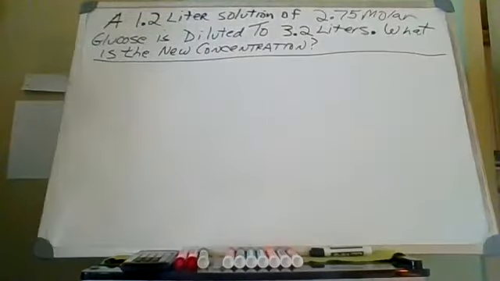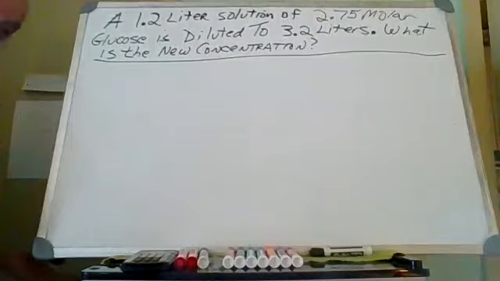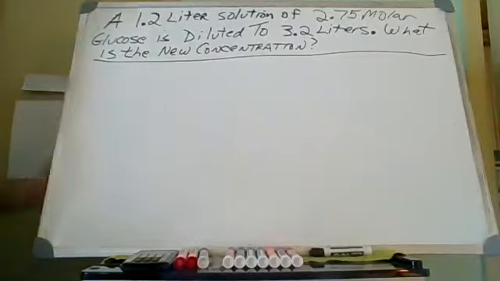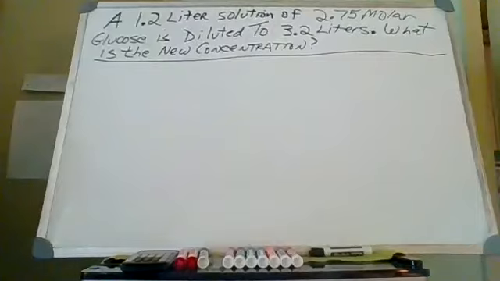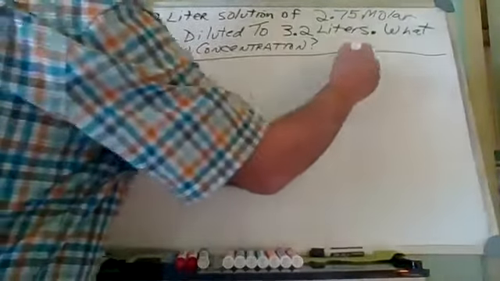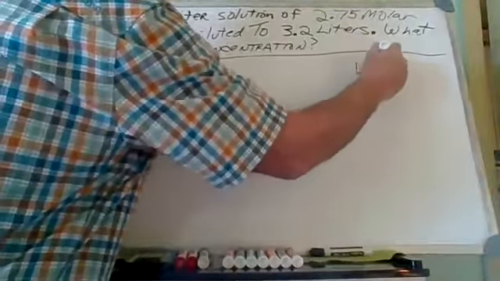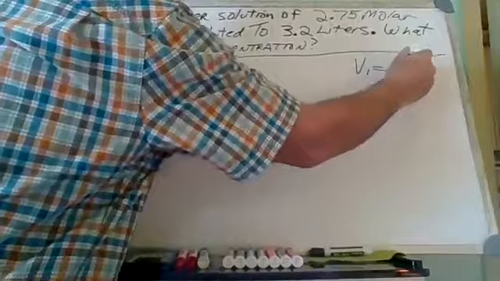All right, so again, we're going to read the problem. And we want to keep track of the first set of conditions and the second set. It doesn't matter which one we call the initial and the final, like the first set or the second set. So we have a 1.2 liter solution. Okay, so V1 equals 1.2 liters.